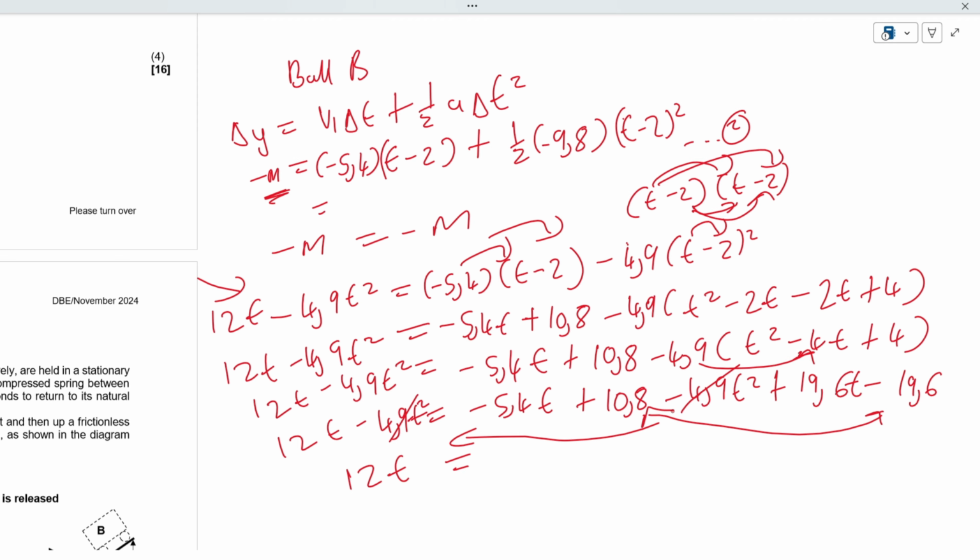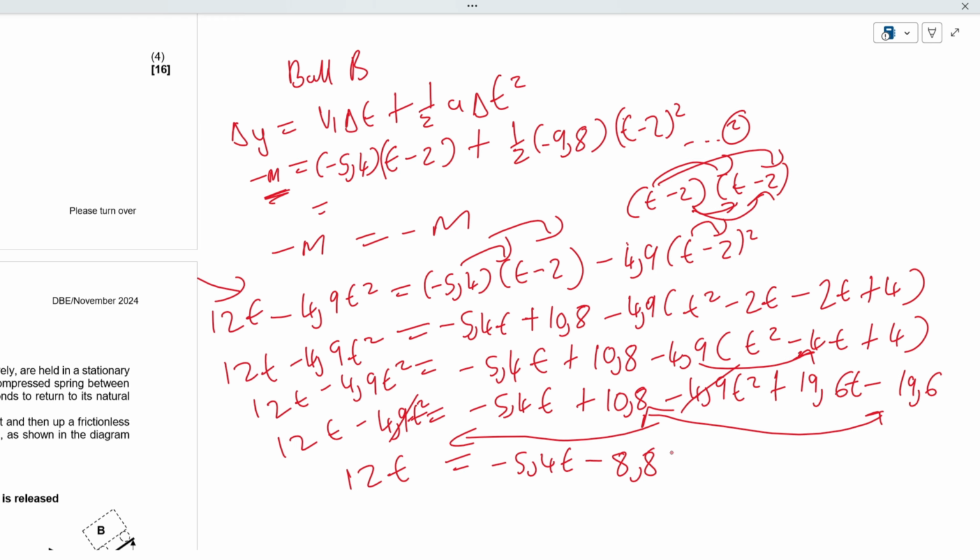This minus this. So now 10.8 minus 19.6, and then we say we have negative 5.4t, and then this and this is going to give us negative 8.8t, and then t, what did I add?